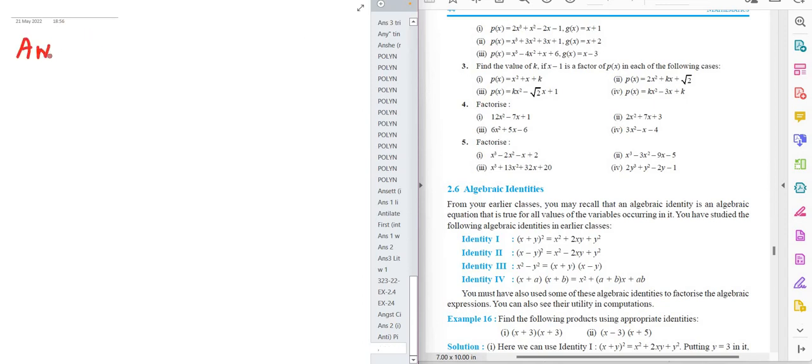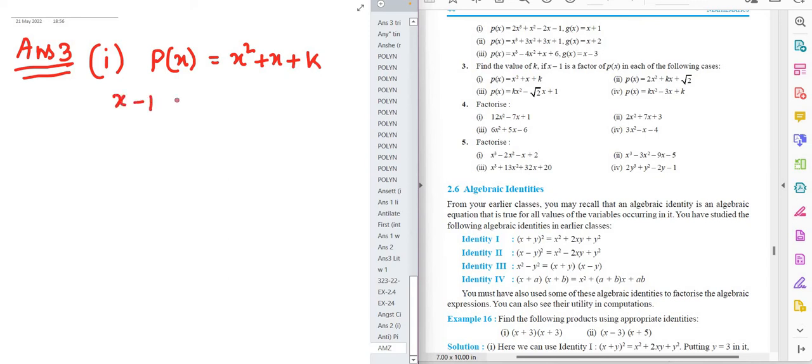Answer to 3, first question. p(x) equals x square plus x plus k. Here x minus 1 already is a factor. So first we decide the value of x, that is very important.